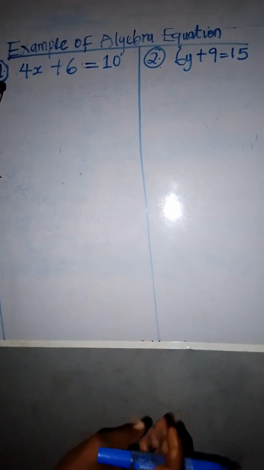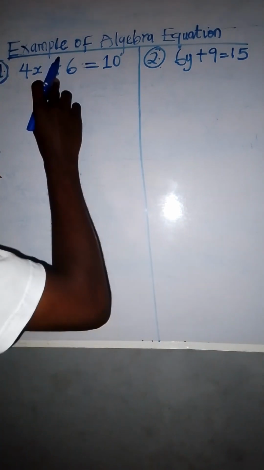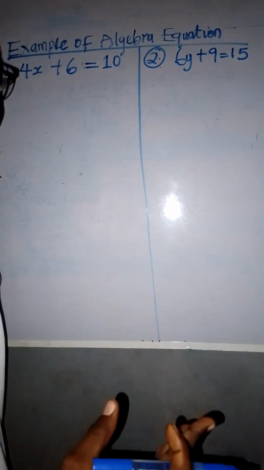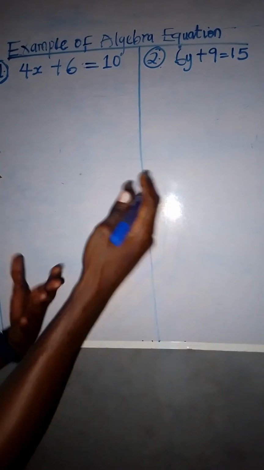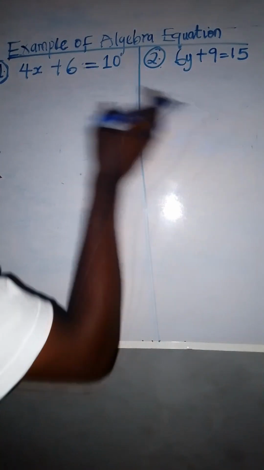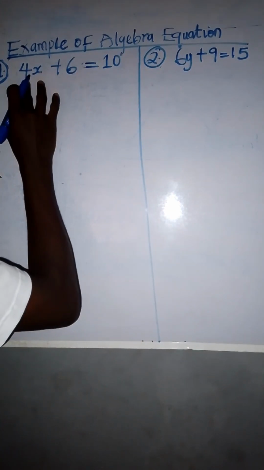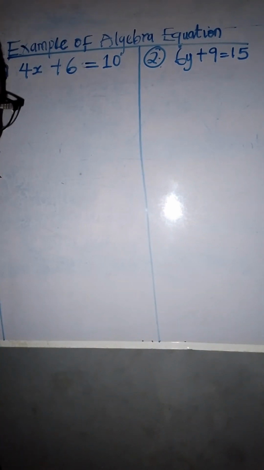They don't have any letters attached to them, so they're automatically constants. Then the plus here, it was the operator, which is what? The plus. Then we also have the equal to sign, which makes it an equation. Then we have the left hand side and the right hand side. The left hand side here is what? 4x plus 6 is the left hand side, while the right hand side here is 10.